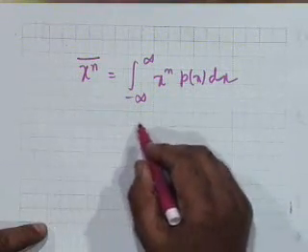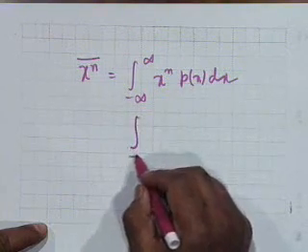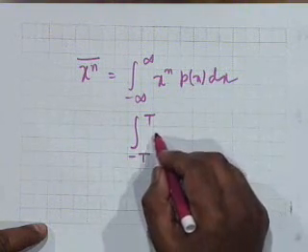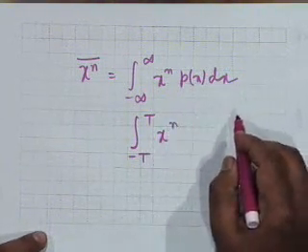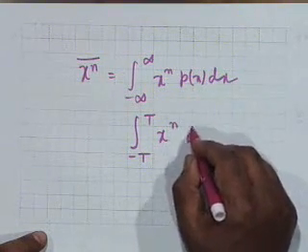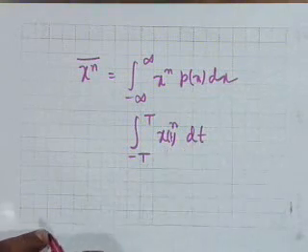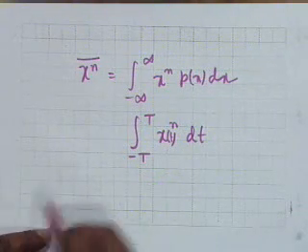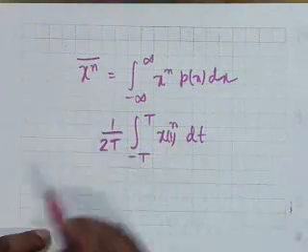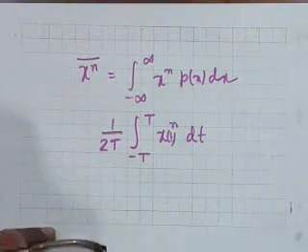do I do? Time average of x to the n, I integrate from minus T to plus T, x(t) to the n dt, alright, divide by 2T.